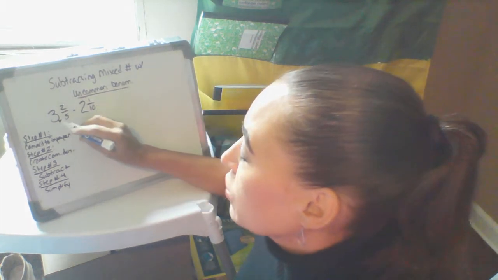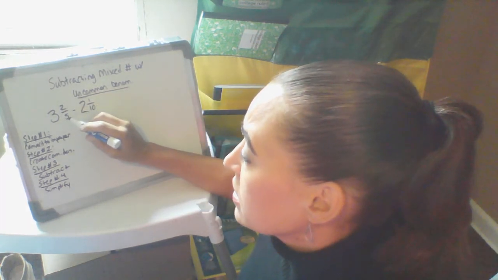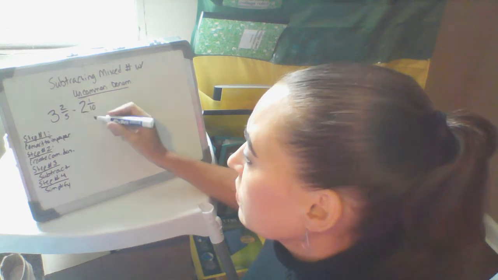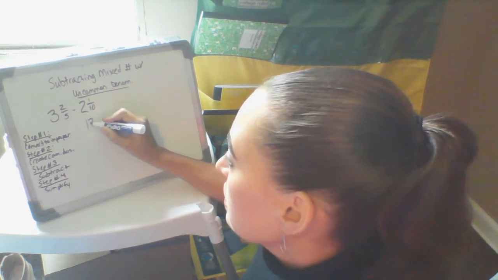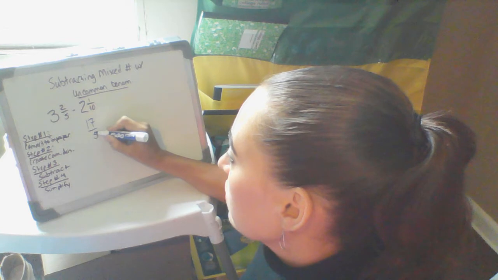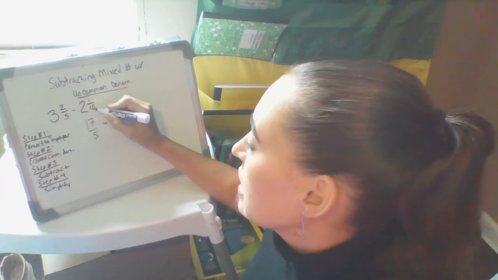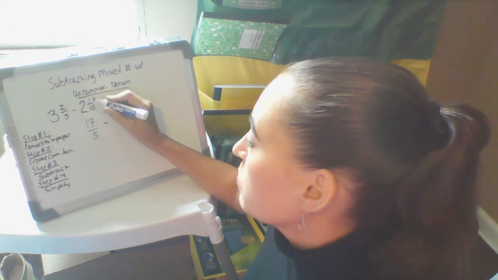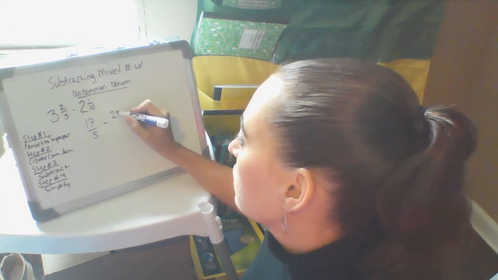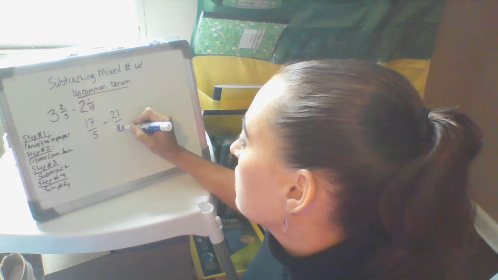So we're going to do 3 times 5 is 15. 15 plus 2 is 17. So I have 17 over 5 minus 2 times 10 is 20. 20 plus 1 is 21 over 10.